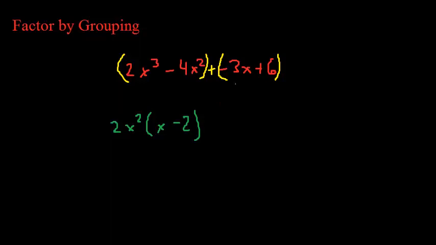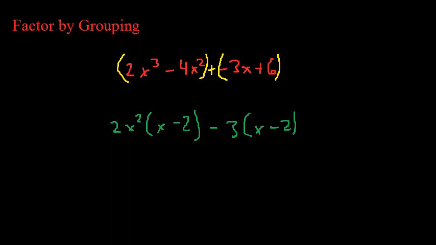Here, my greatest common factor is going to be a negative 3. I want to pull out a negative 3 because I want the first term of my binomial to be positive x. I want the binomial to be the exact same, and if I pull out that negative 3, I know that I'll be at least starting in the right place. So I factor out a negative 3, and that leaves me with x minus 2.